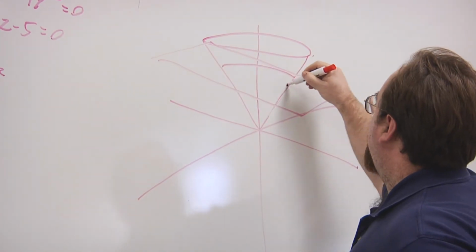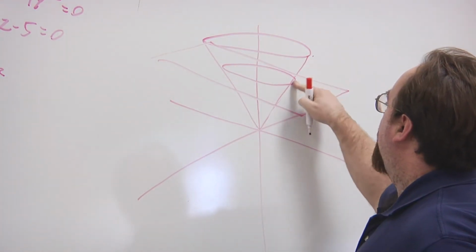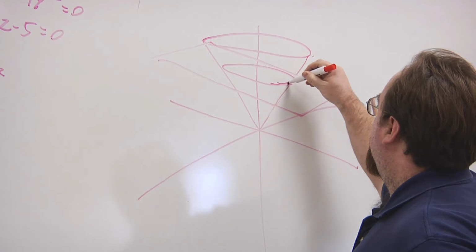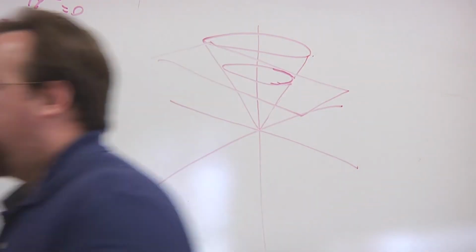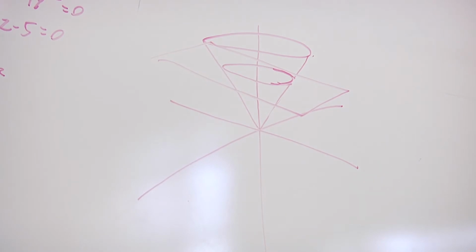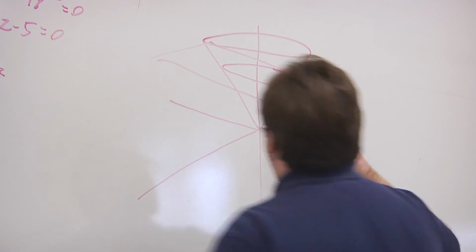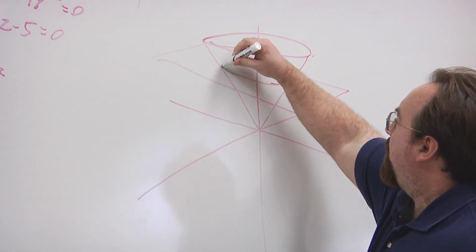So you get something that looks like this. The intersection of the two is marked in green.